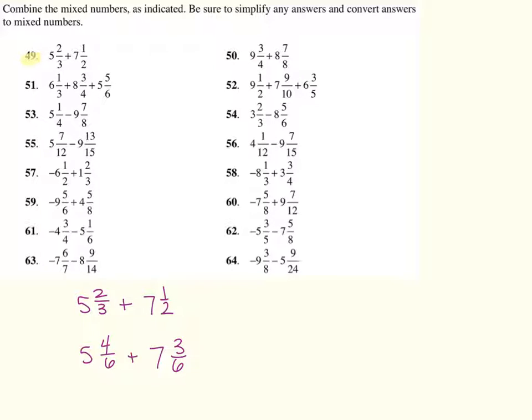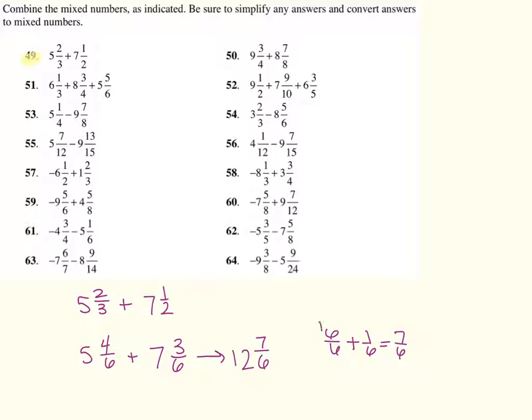Okay, now let's add our whole numbers. 5 plus 7 is 12. And now we can add our numerators. 4 plus 3 gives us 7 over 6. 7 over 6 is an improper fraction, so we can make a whole, which is 6 over 6 plus 1 over 6, which would give us 7 over 6.